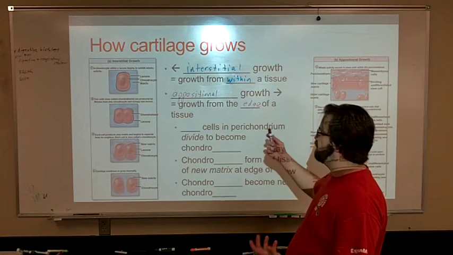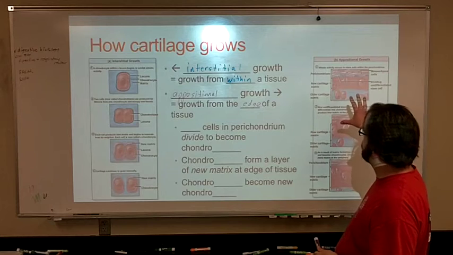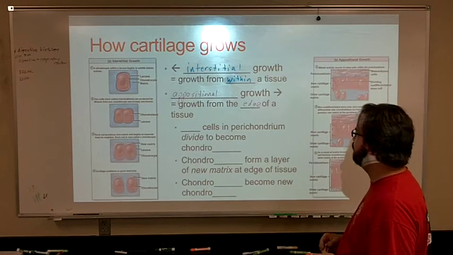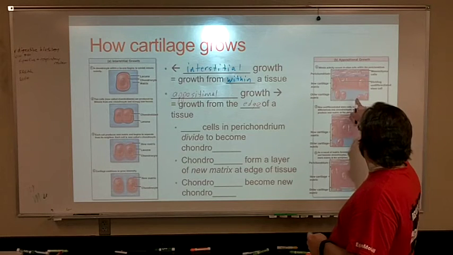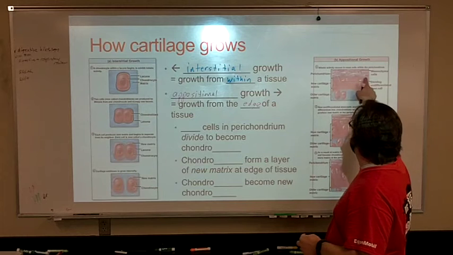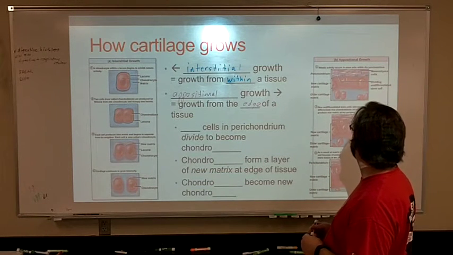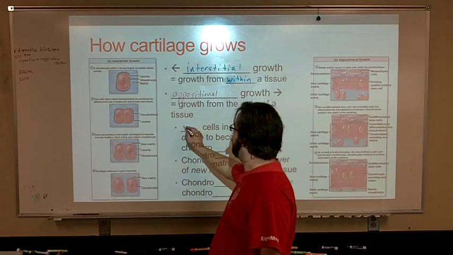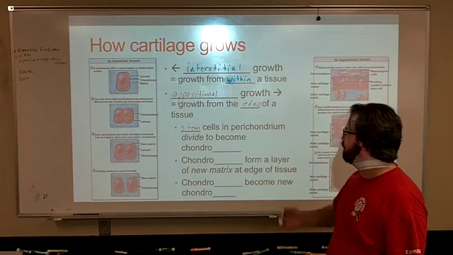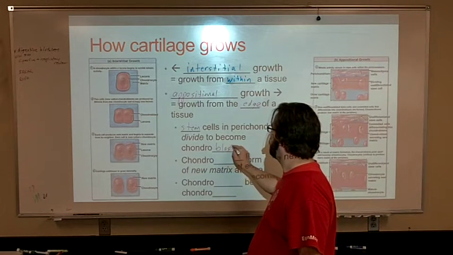So what about appositional growth then? This is how cartilage forms in the first place, and it's how cartilage enlarges on the outside of the tissue. So instead of having chondrocytes already in the perichondrium, you actually have some stem cells there, some cartilage stem cells. And those cells divide to become chondroblasts.